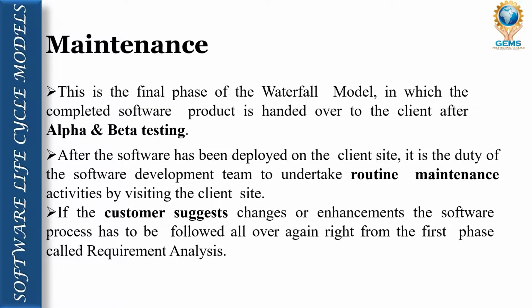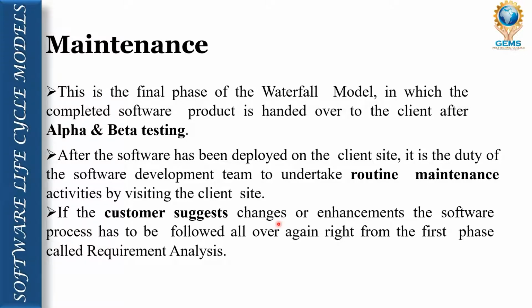So maintenance, this is one of the longest phases in the waterfall model. After alpha and beta testing, the product will be launched into the market or handed over to the client. So this maintenance will be done on a routine basis. That means we have to visit the client and check the software's working condition.